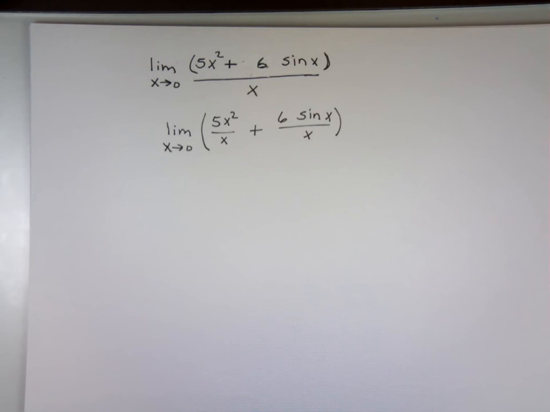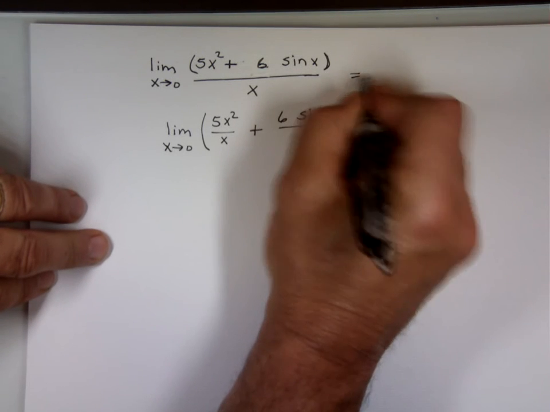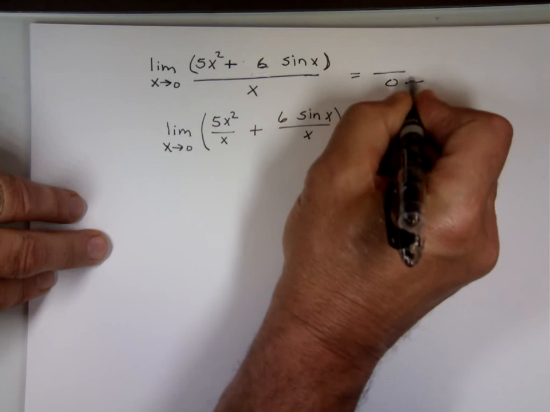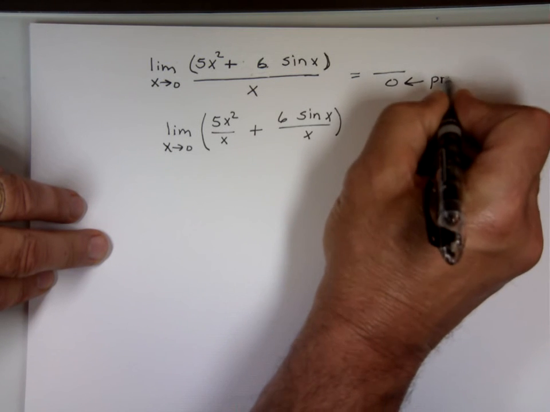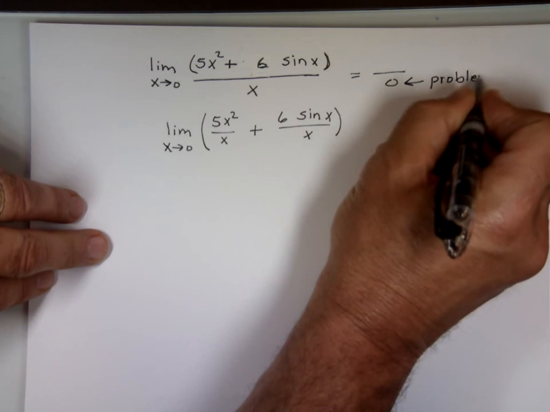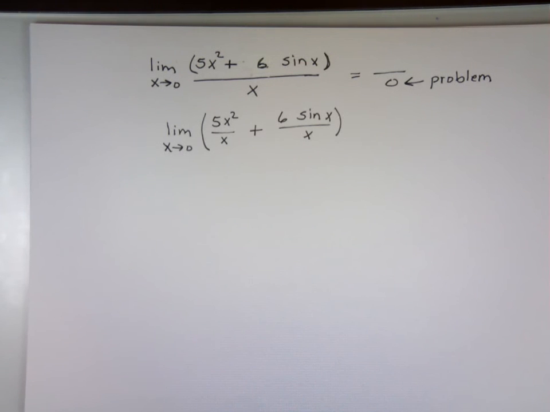Because if you try direct substitution, you've got a problem. With direct substitution, you get 0 on the bottom. I don't care what the top is, so you can't solve it. It seems like I can't do it. But if you break it down like this, now what will happen?